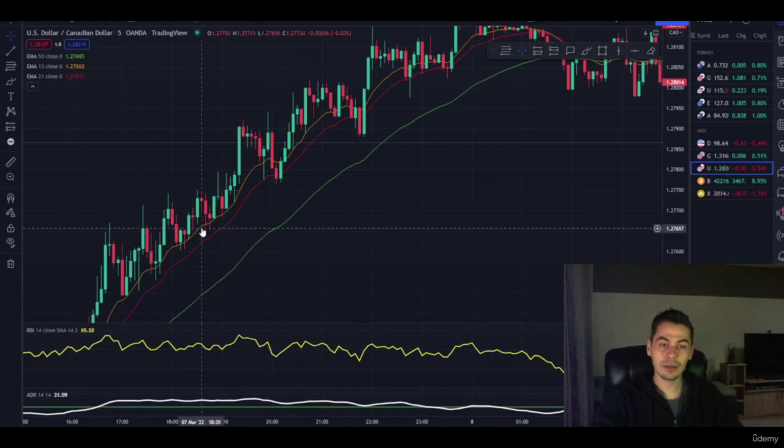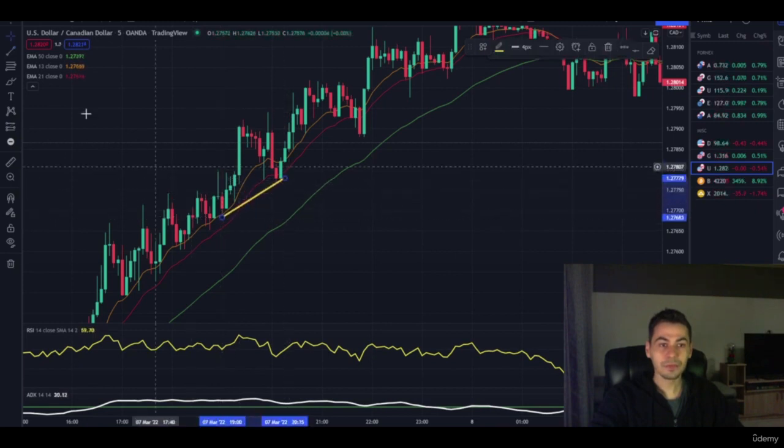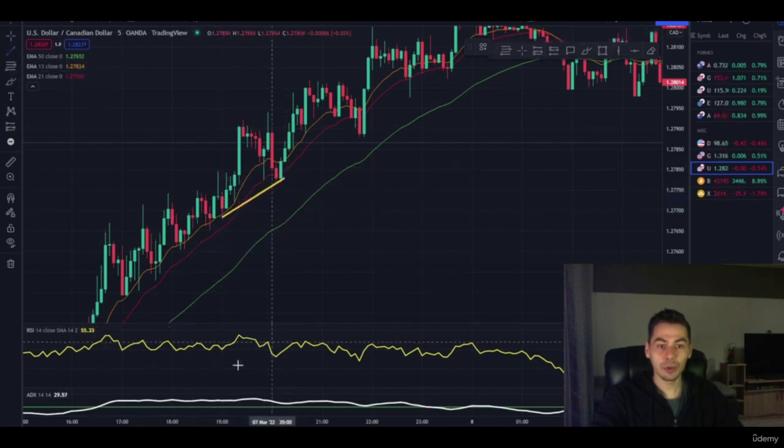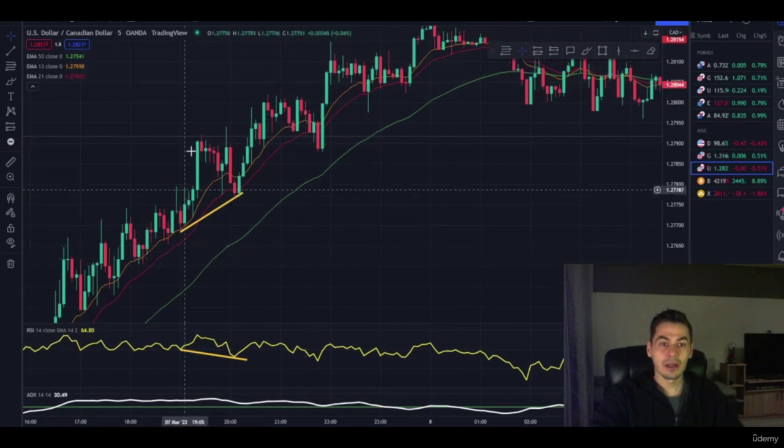The trend is to the upside, so we are looking for divergences made at the bottom of the price, and we can spot one right here. As you can see, we have the pullback to the EMAs, and we have this nice bullish continuation divergence. We have the pullback into the EMAs, and we have this nice bullish engulfing candle, which will mark our entry.